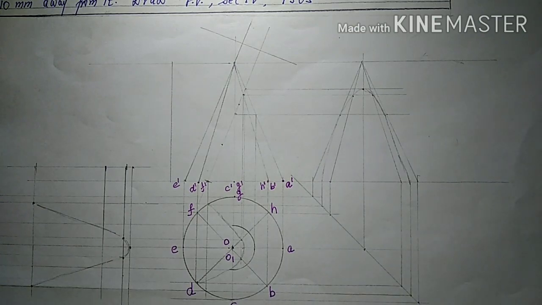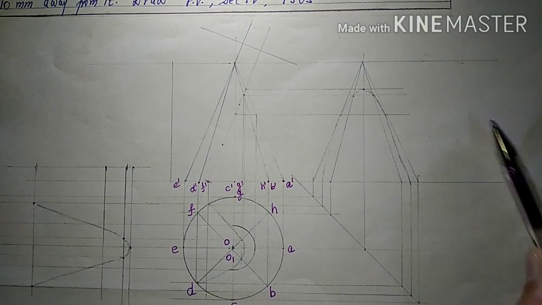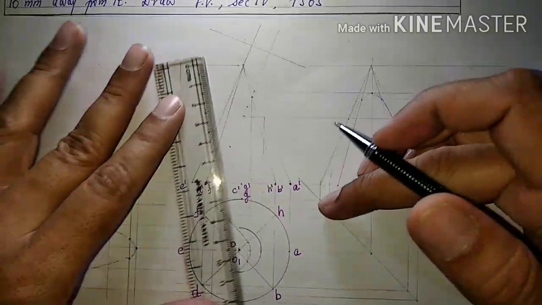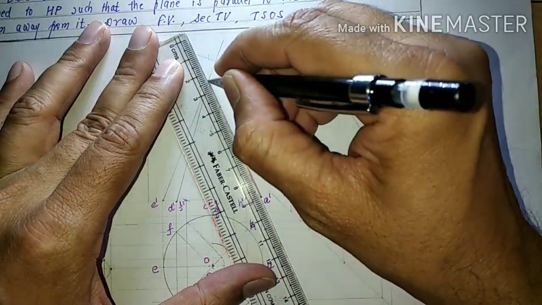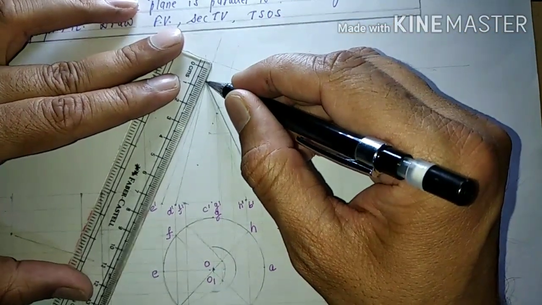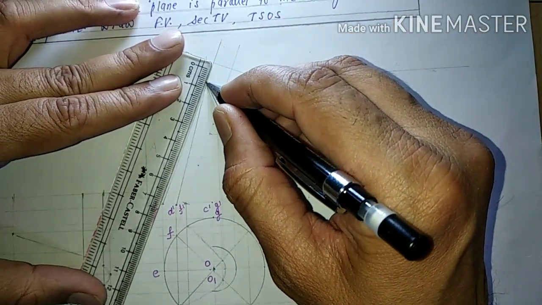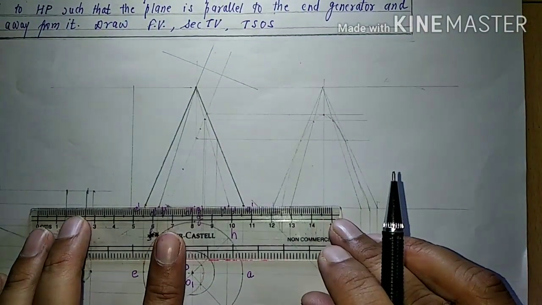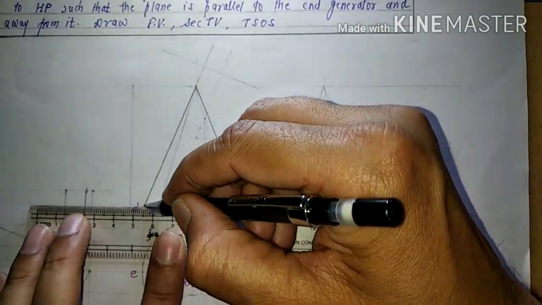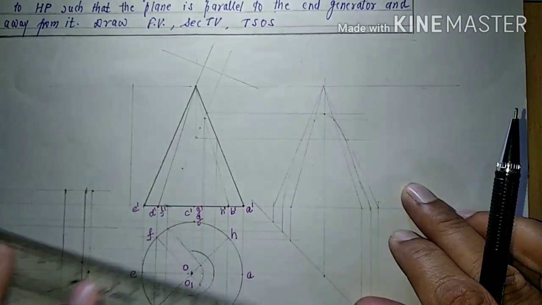Then we'll draw a front view, as of now by construction line. At any given time we can see the outline of the object.